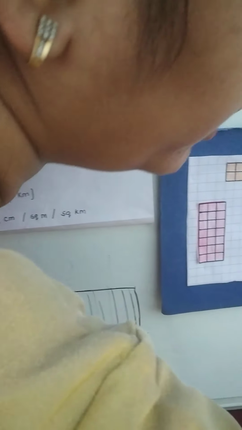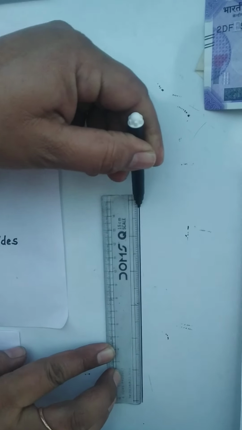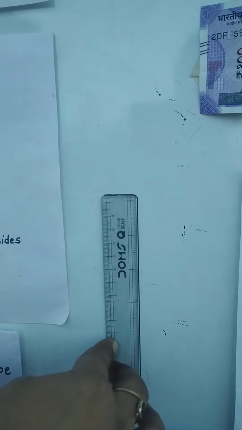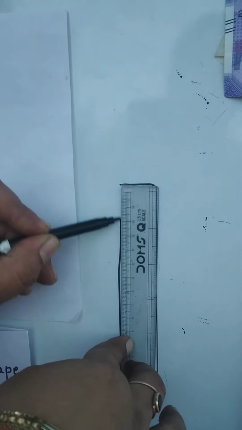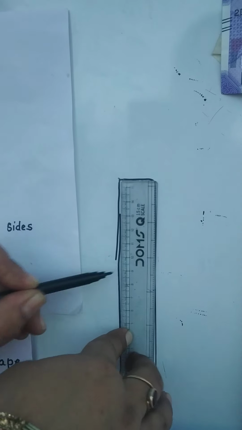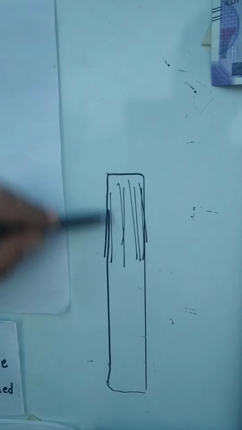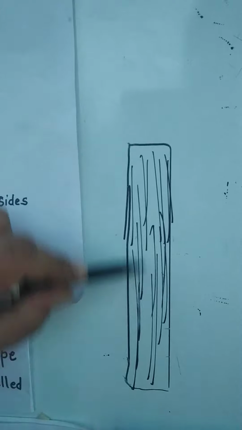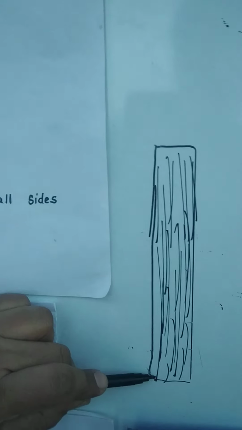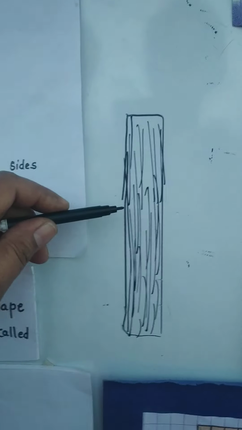Okay, I am having this centimeter scale, and if I am tracing this scale on this board, look at this shaded part, this is also the area of the scale.